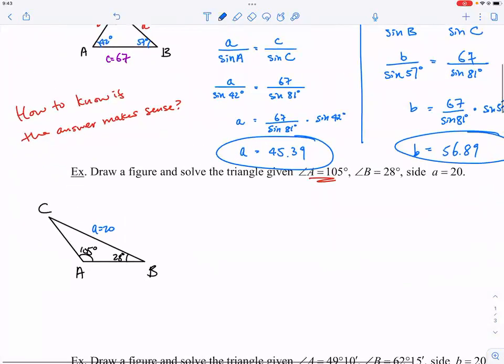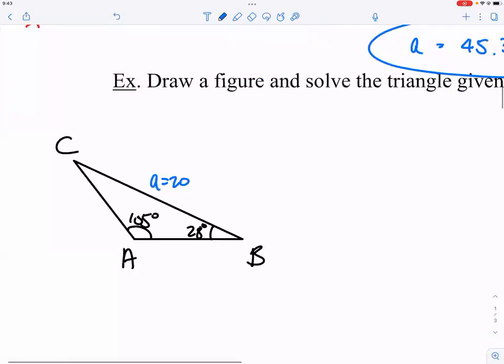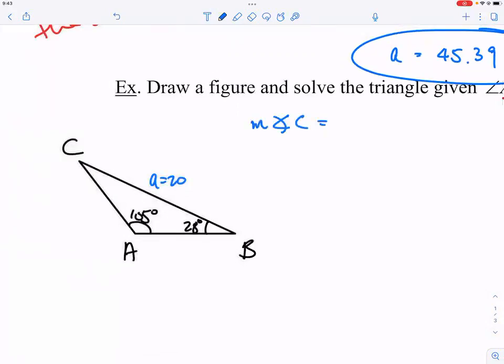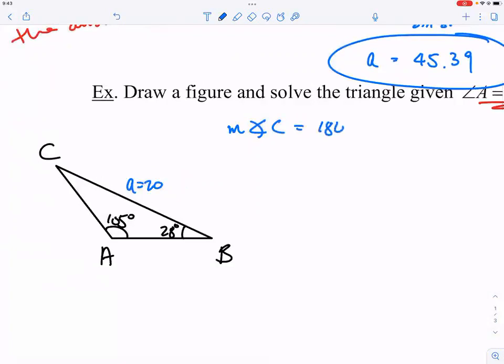Anything we can tell? Angle C, it's what? The measure of angle C is 180 degrees minus 105 minus 28, which is 180 minus 133. That means you have 47 degrees for angle C.